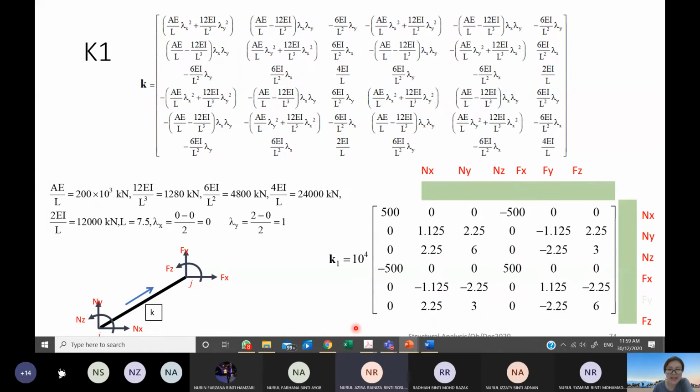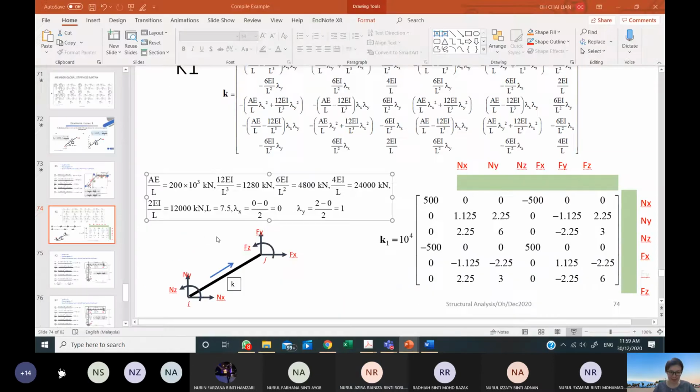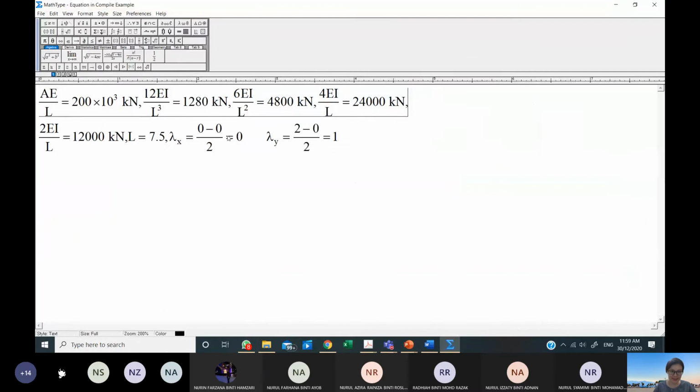Yes, doctor. Okay, so now let's start one by one. Let me fix this lambda X first. Lambda X is 0.8, lambda Y is 0.6.